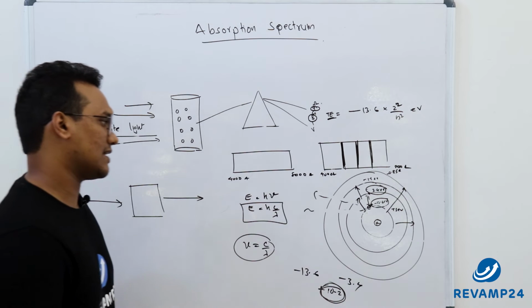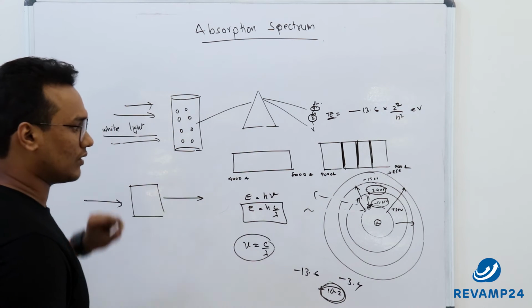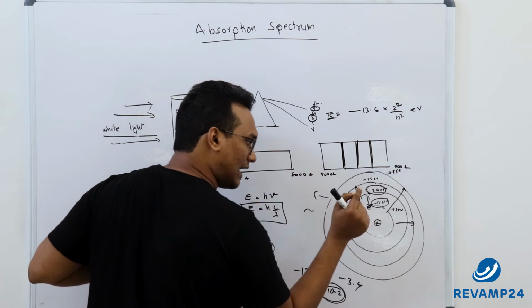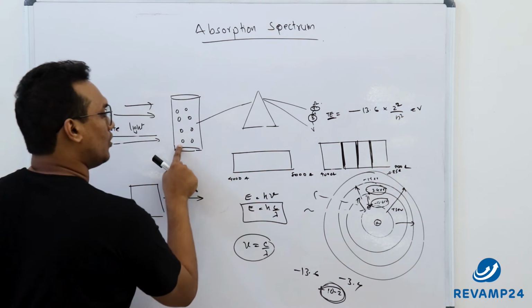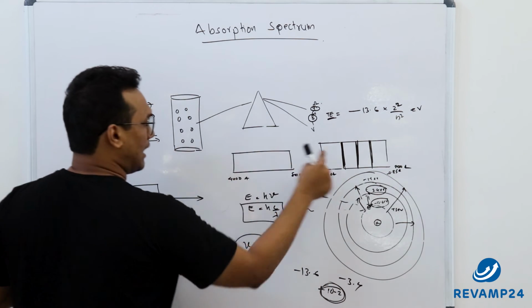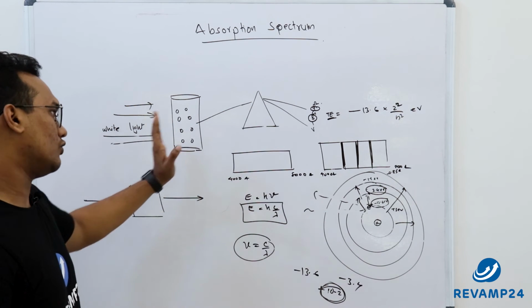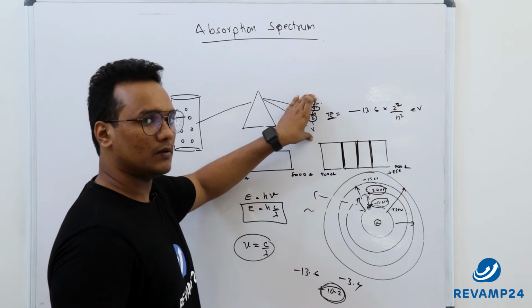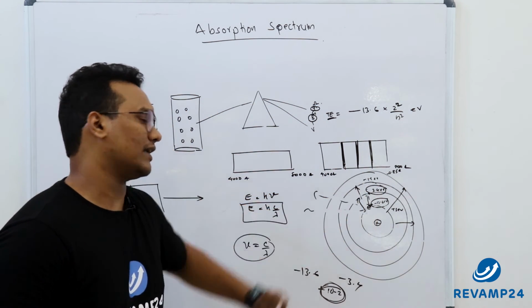Only those radiations, only those frequencies that have an energy capable of taking the electron exactly from one orbit to another, will be accepted. When those are accepted, they will be absent in the outgoing white light. So from the 7 colors, some of the colors will be missing. These colors have given energy to the electron and it has undergone excitation.